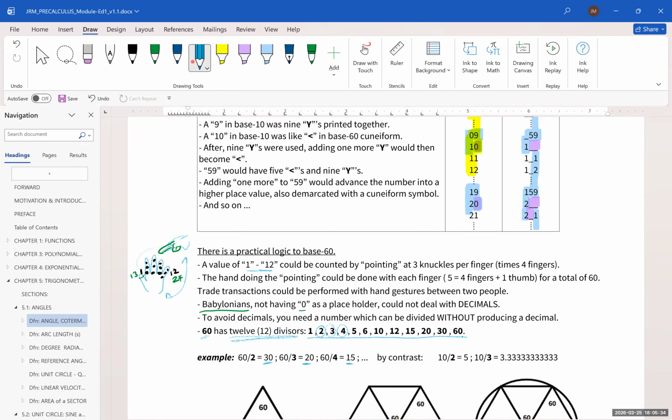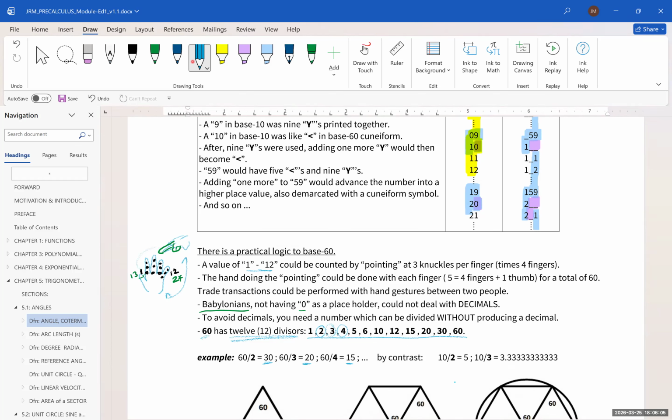So this gives you a lot of options to subdivide 60 into smaller parts without it getting complicated. That's very convenient, especially if you don't have a calculator. If you just want to stand across from somebody and communicate some values, money, calculations on inventory, making trade deals, you could just do it with your hands.